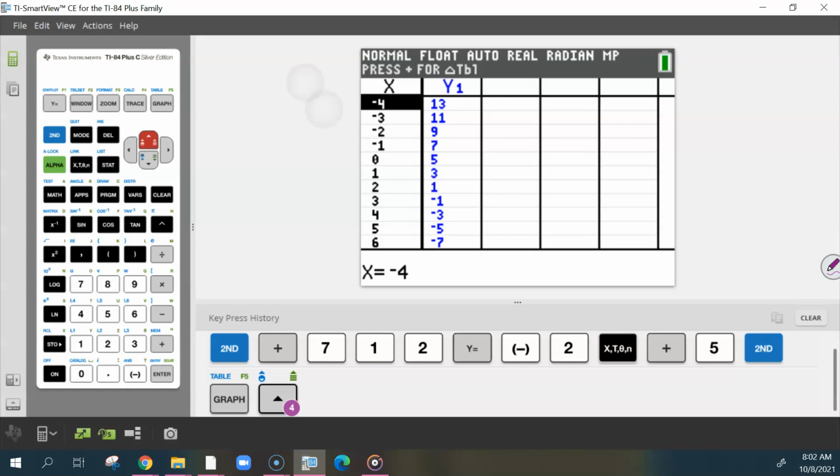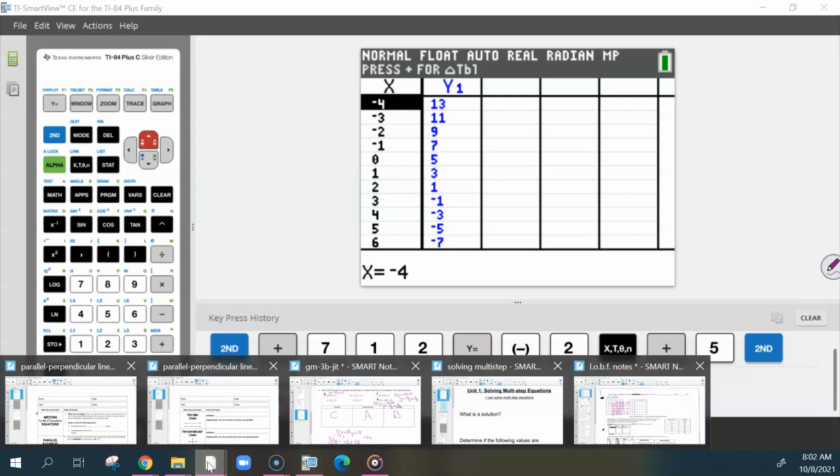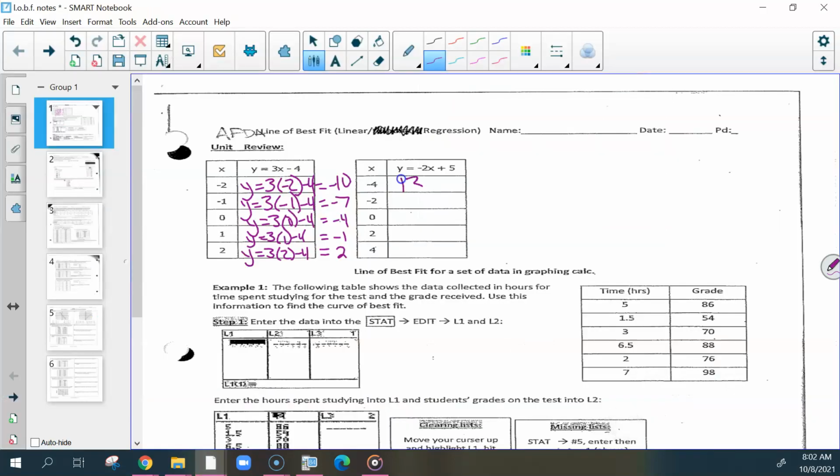So 13, 9, 5, 1, -3. Your slope's still at work there. It's counting by 2s, so it's a little off.